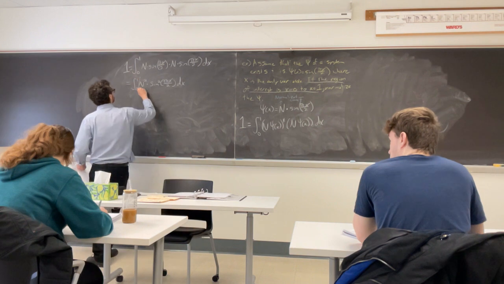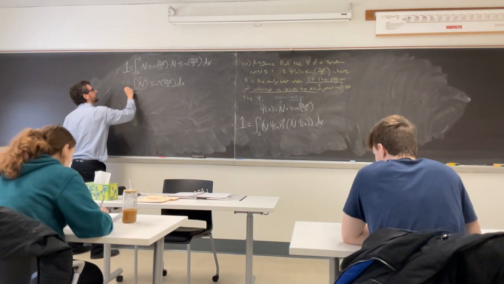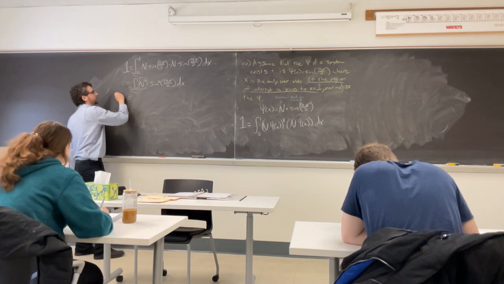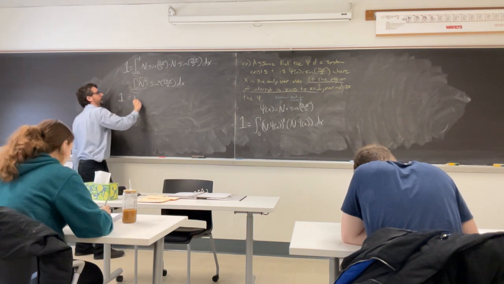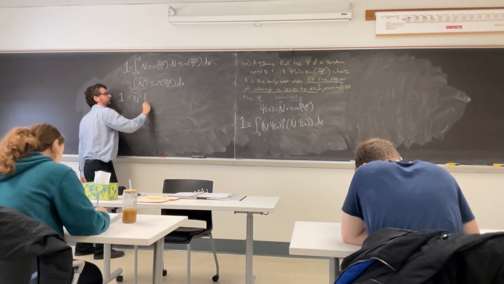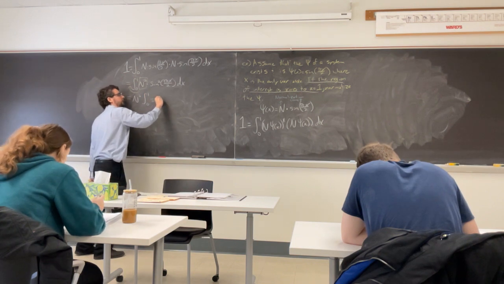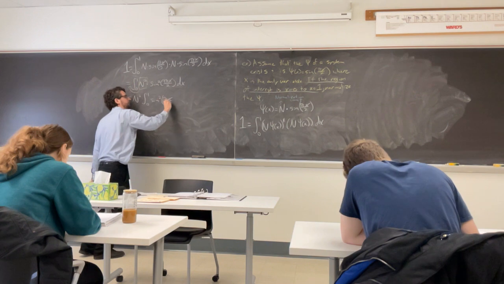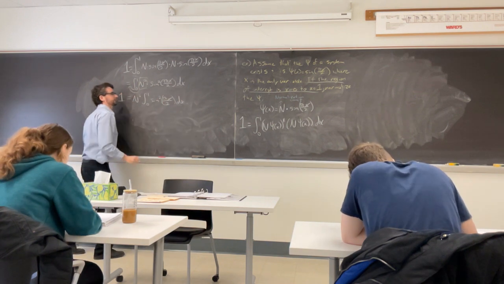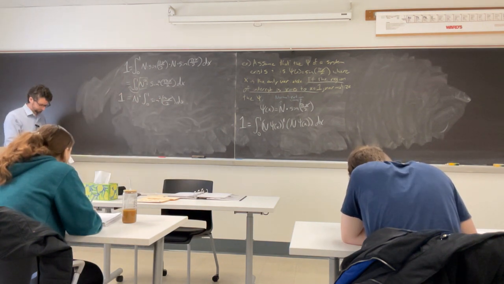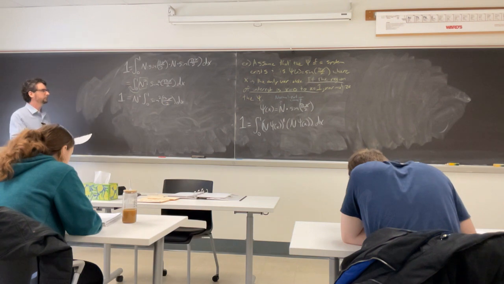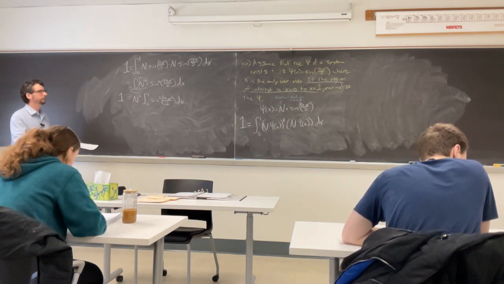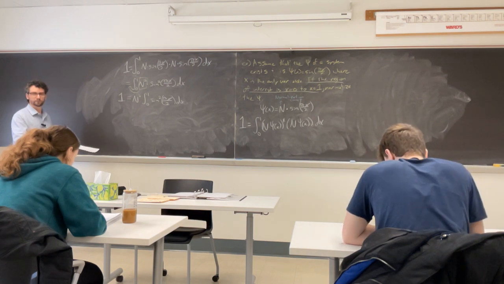So we can pull this guy out front. We get 1 equals n squared times the integral. Okay, what now?